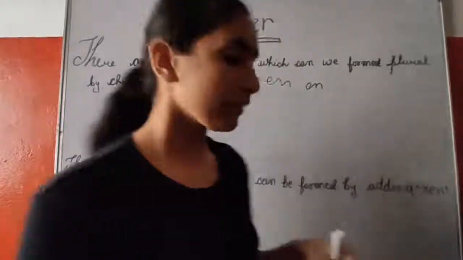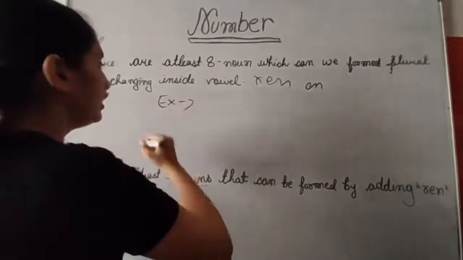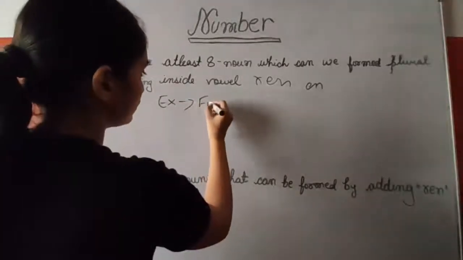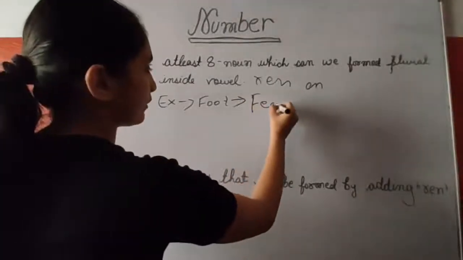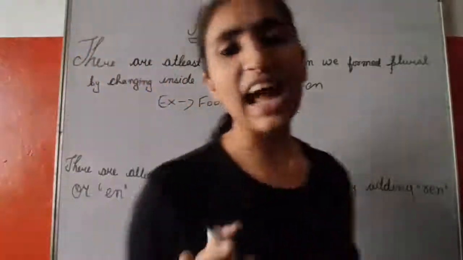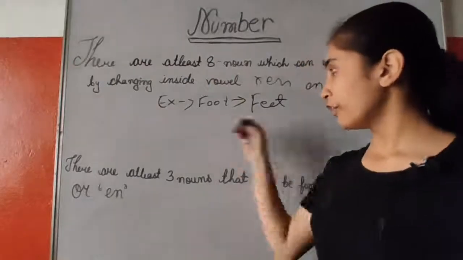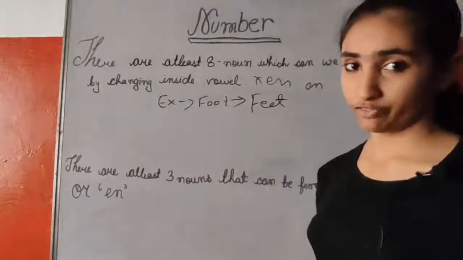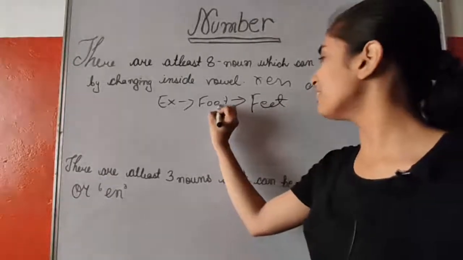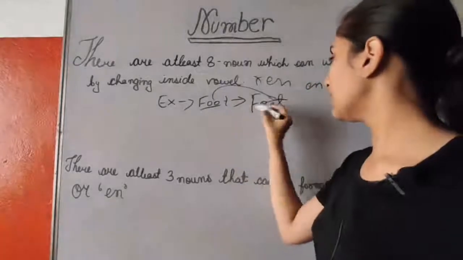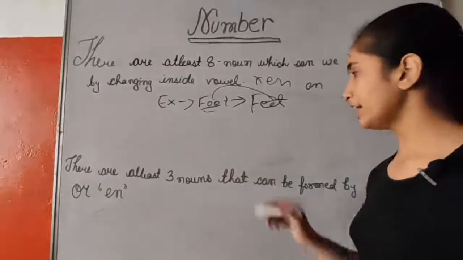If we take the example, the first example I would like to give you is foot. The plural of foot will be feet. Here I have just changed double O into double E, the inside vowel of foot. So the plural of foot will be feet.